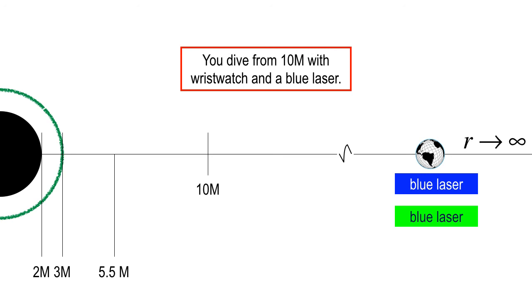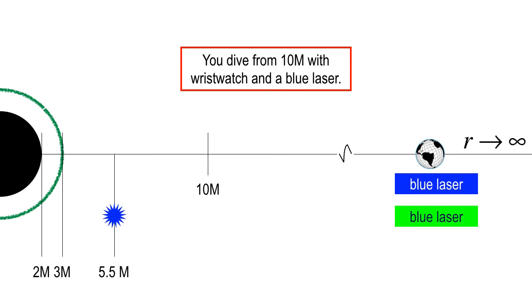All right, now let's get a little closer. 5.5. So now, here you are, you've jumped off your mothership, and you're drifting down. And you know, the average density inside the event horizon of the black hole Sagittarius A star is not that bad.